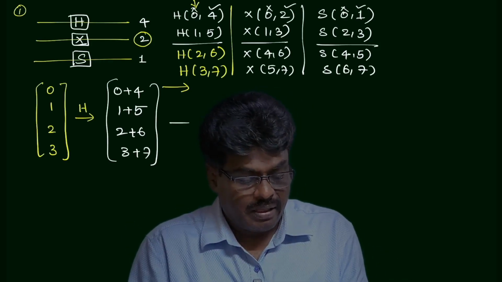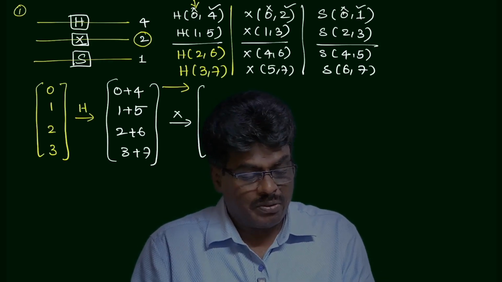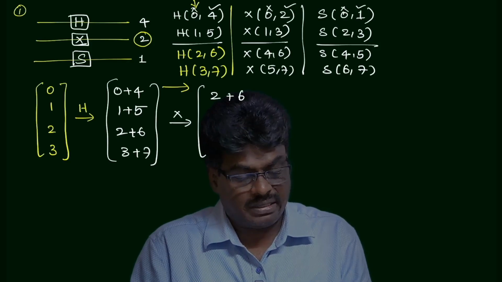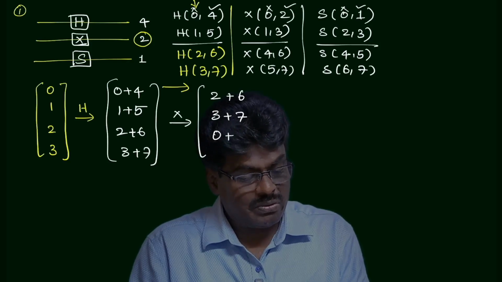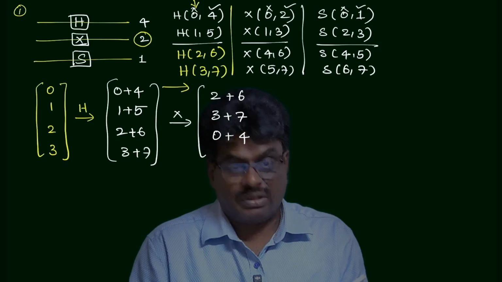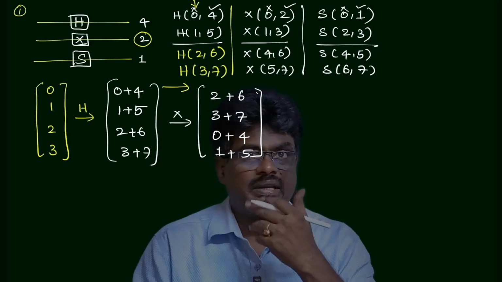And next X, which will flip the states: 0 becomes 2, 4 becomes 6, 1 becomes 3, 5 to 7, 2 to 0, 6 to 4, 3 to 1, and 7 to 5. It's very easy.